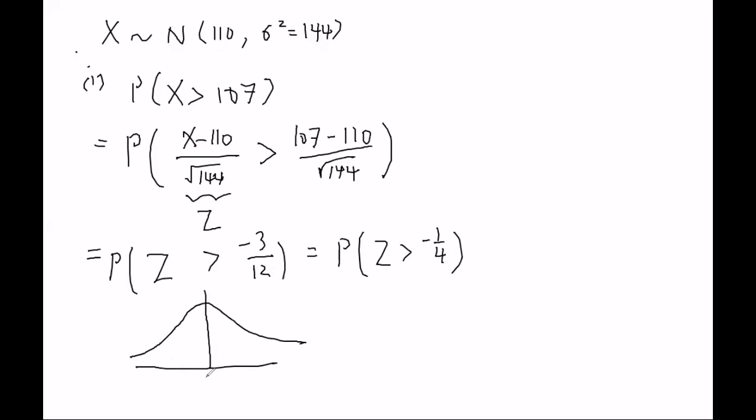So this is 0, okay? Minus 1 over 4 is minus 0.25, okay? So you want the area under the curve here, right? You want this piece. So how do you find this piece? 1 minus 0.25, the positive value.